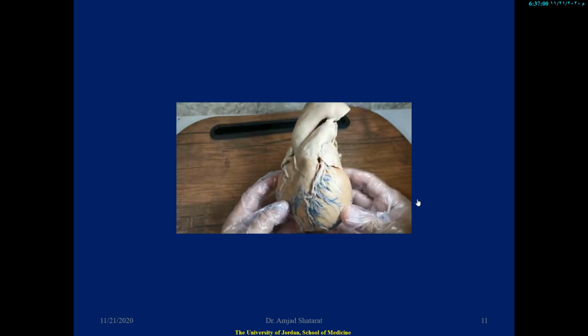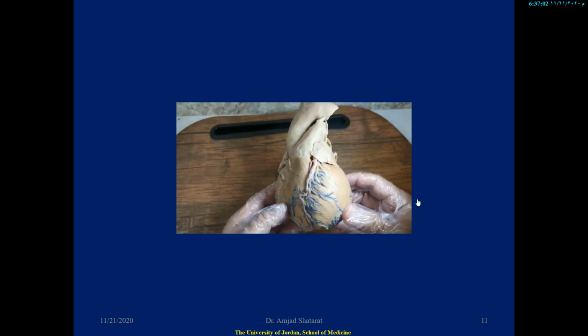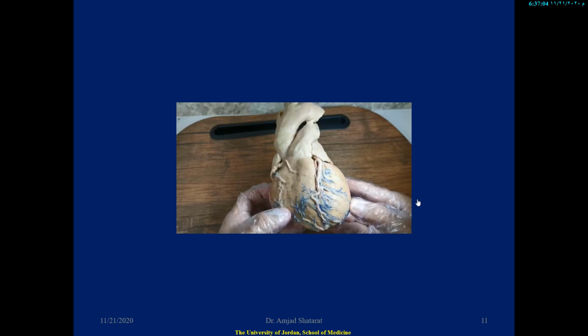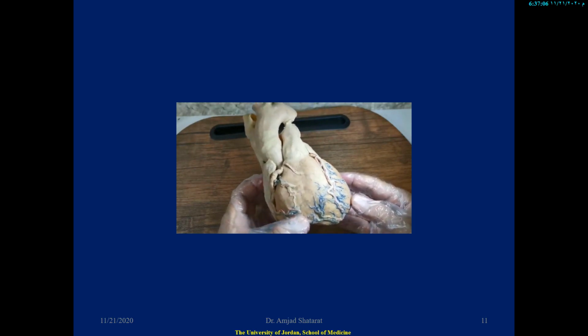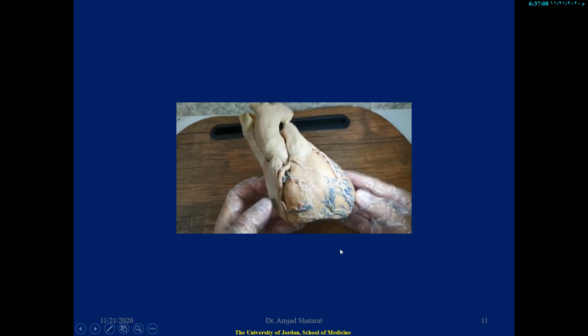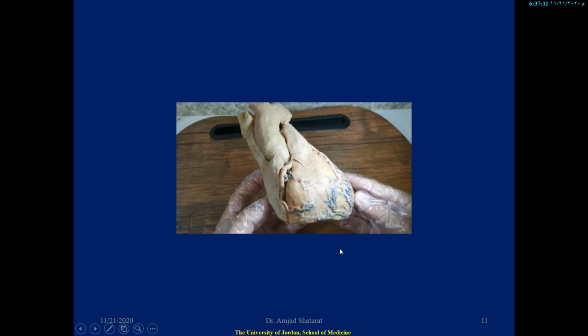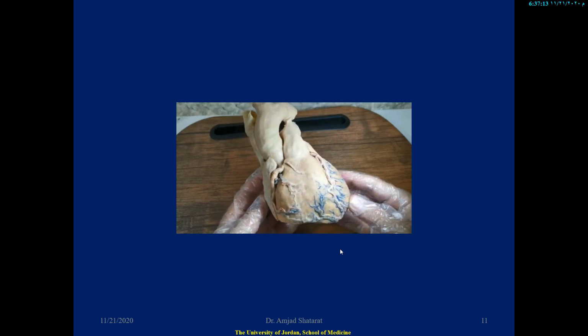Now before birth the heart rotates 45 degrees to the left, and this is the final position of the heart in your body. And now we need to understand what has happened.